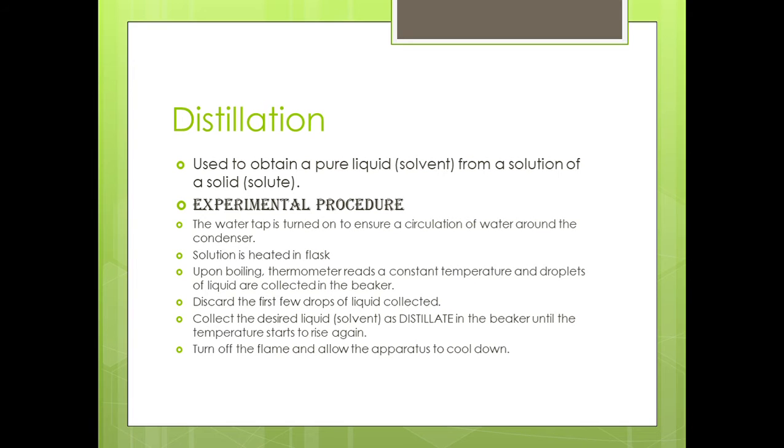The solution is heated in the flask. Upon boiling, the thermometer reads a constant temperature and droplets of liquid are collected in the beaker. Discard the first few drops of liquid collected. Collect the desired liquid, or the solvent, as the distillate in the beaker until the temperature starts to rise again. Turn off the flame and allow the apparatus to cool down.